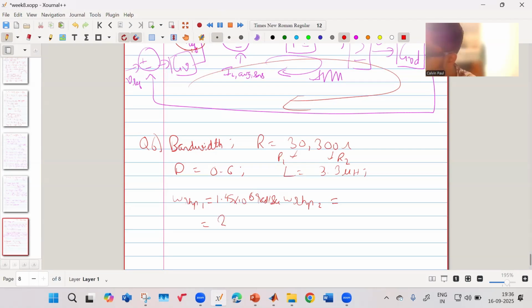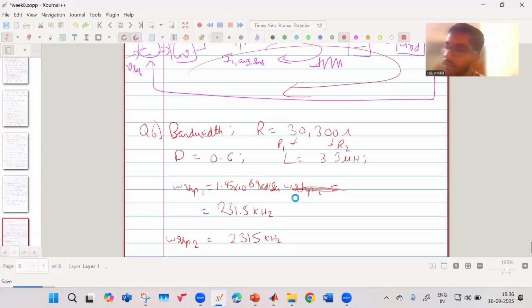Okay, so this is 231.5 kilohertz, your omega RHP 1. What will be omega RHP 2? It is 10 times, because R is 300 instead of 30. So it will be 2315 kilohertz. So it is 10 times.